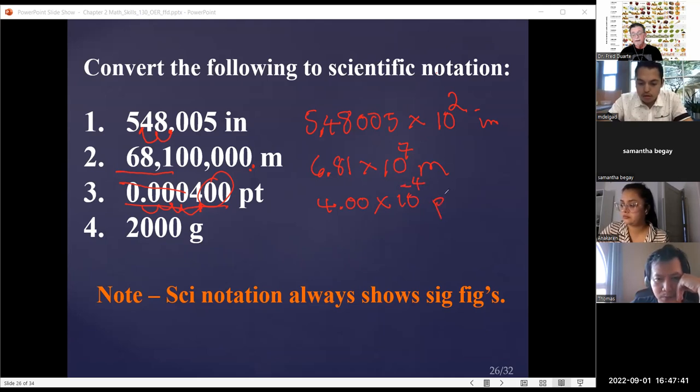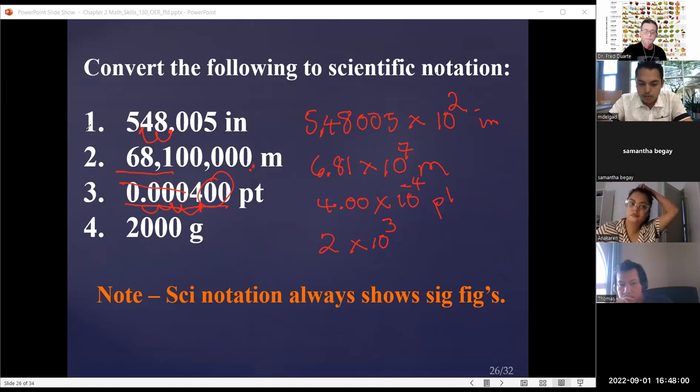Okay. Because it's a decimal number, it's a number less than 1. And then the 2000, you got 1 significant figure. I know I'm going to have 2 by itself times 10 to the 3rd. Okay. And that is scientific notation for 2000.